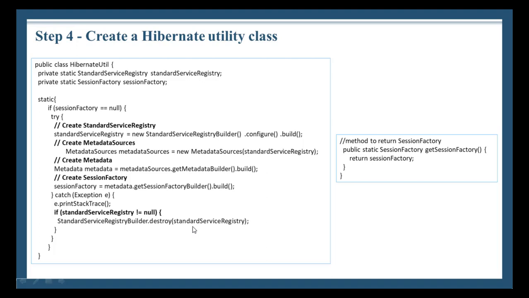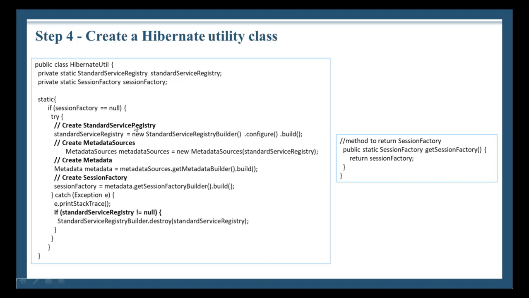Now you can see here that before executing these statements we have given one if, that is, this block will be executed if and only if sessionFactory is equal to null, that is, no SessionFactory instance has been created. But if a SessionFactory has been created earlier, then this sessionFactory will not be null.